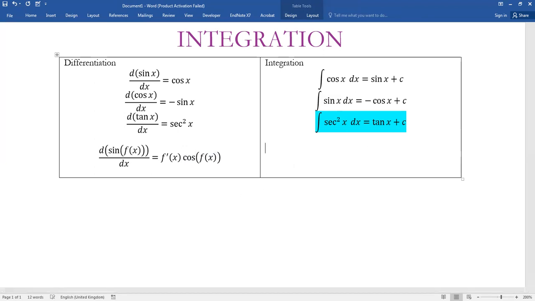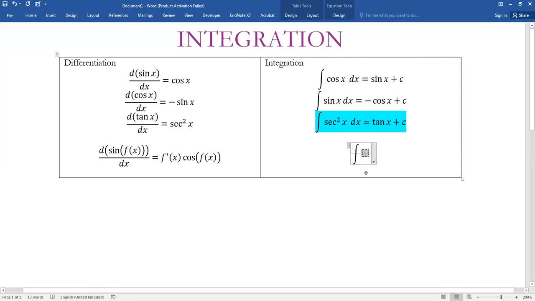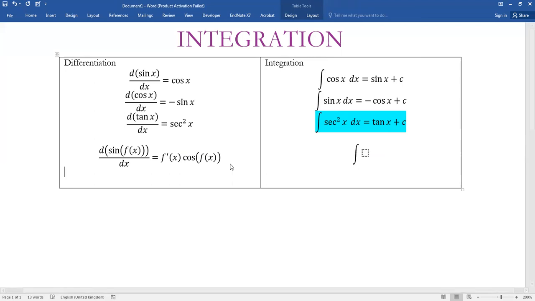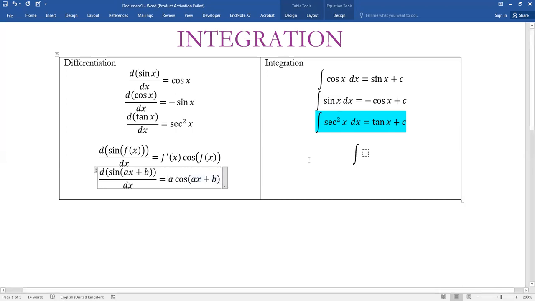Now, using a very easy example, if I were to differentiate sine of ax plus b with respect to x, what did I get? Cos of ax plus b, multiplied by the derivative of the angle, which was a, and we understood it through the chain rule, remember?